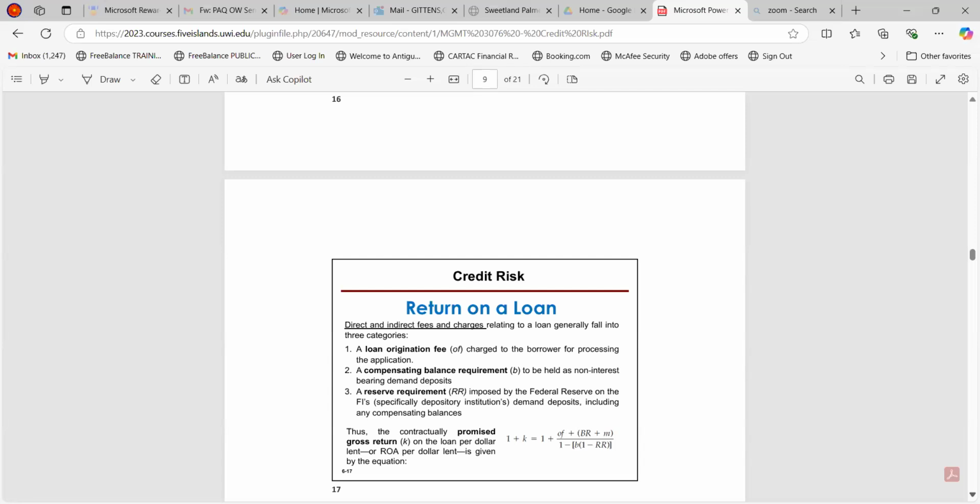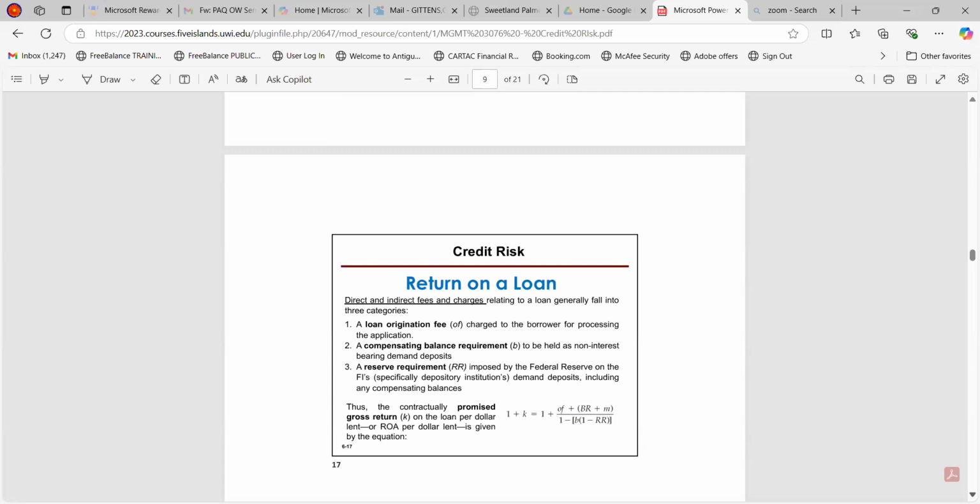So the formula being 1 plus K, which is your cost of capital, is equal to 1 plus, this is a big formula, the loan origination fee plus the base rate plus the risk premium divided by 1 minus your compensating balance times your reserve requirement, right?